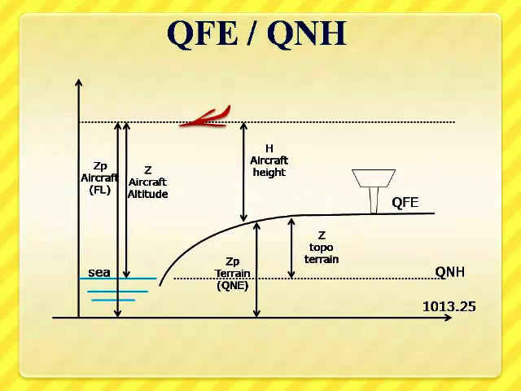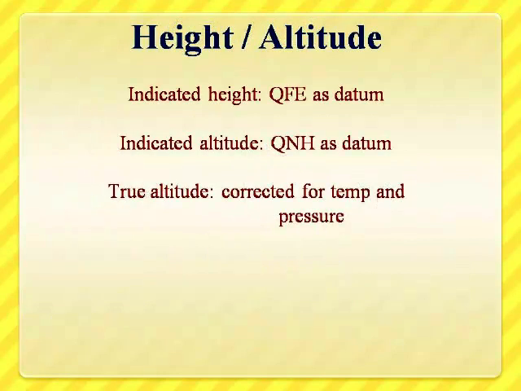But normally we are interested in QFE, above the ground of the runway, how much height the aircraft is of interest. And here there is a difference between the two words, height and altitude. The indicated height is QFE as datum, that is at the airport the baseline is drawn and above which the height of the aircraft is given as this indicated height.